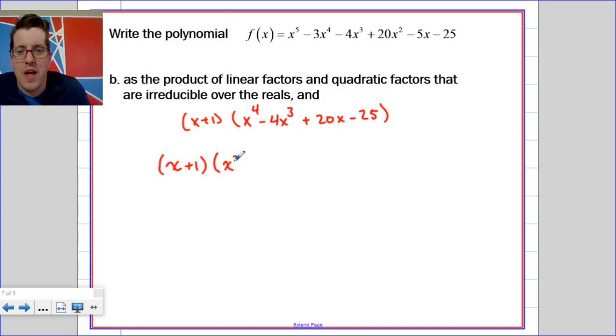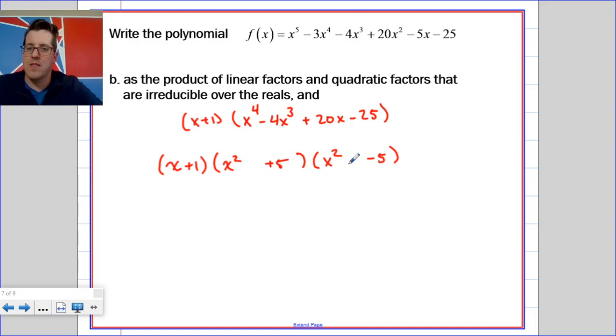I'm going to start with an x squared and an x squared. And I'm going to try a plus 5 and a minus 5. Now, you may be saying to yourself, but Mr. Troy, that makes x to the 4th minus 25.